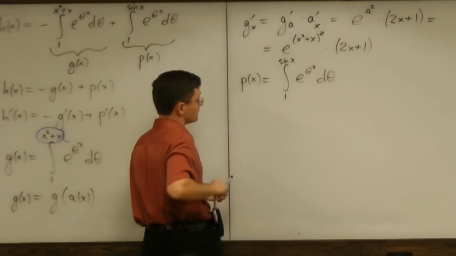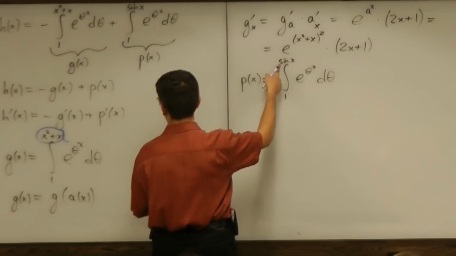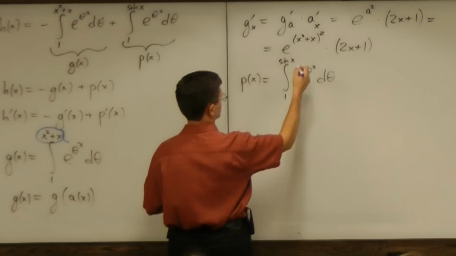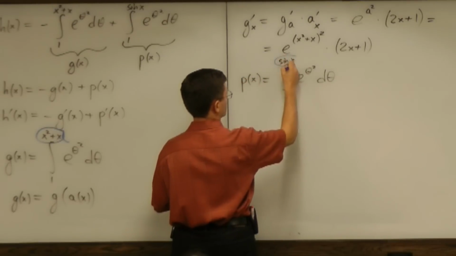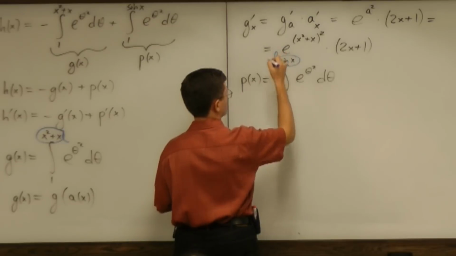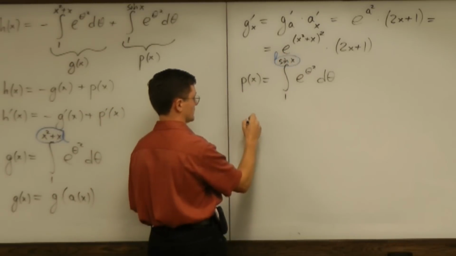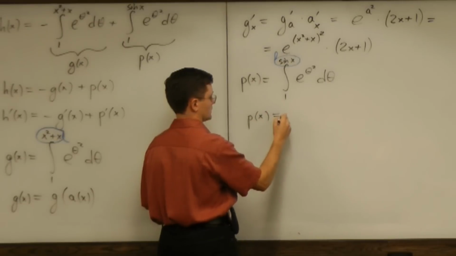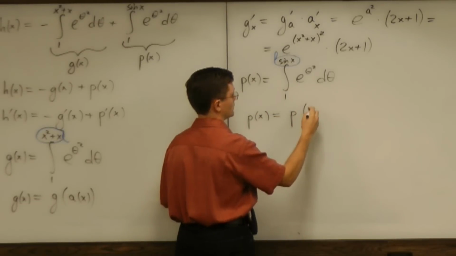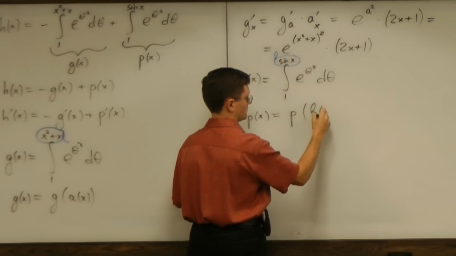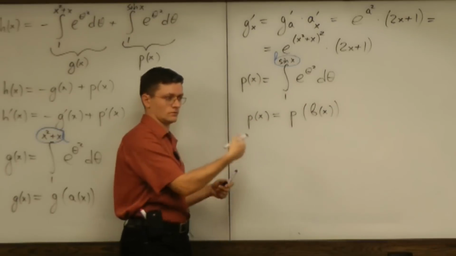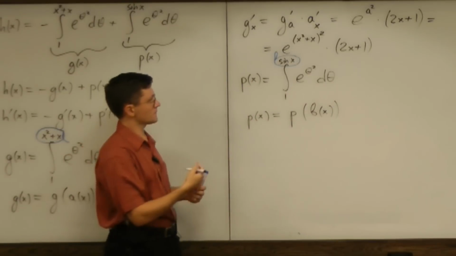I consider this sine x as a new variable, let's call it b, and my function p of x becomes a composition of the function b of x substituted into p.